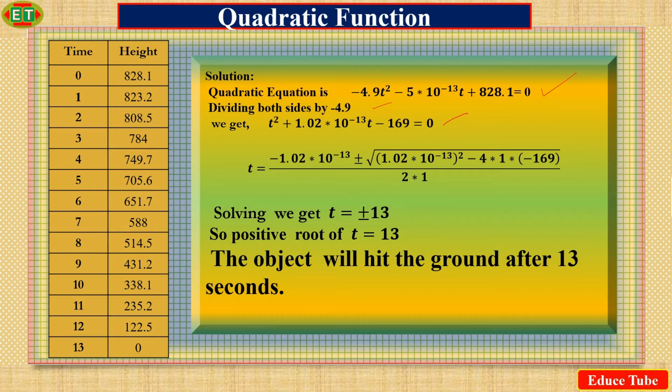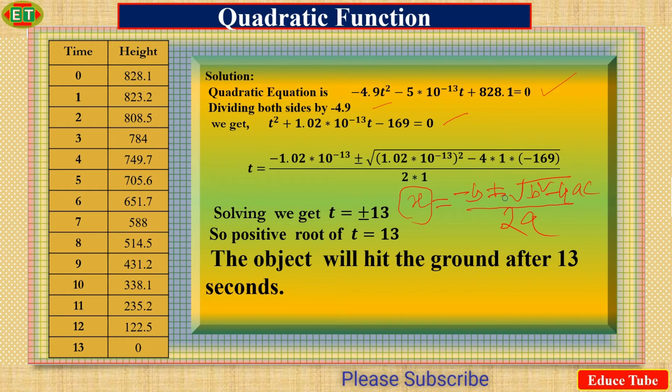Now we have to think about the quadratic formula of the standard quadratic equation. What is that? It is x equal to minus b plus minus square root of b square minus 4ac divided by 2a. This is the root. It has two values, one with plus, another with minus.